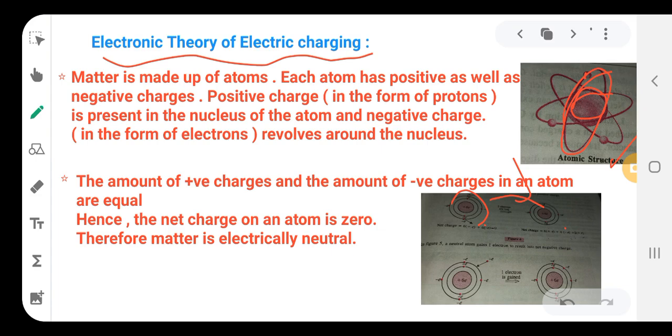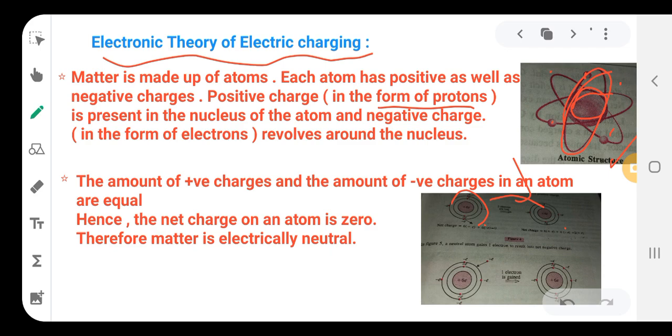Now, matter is made up of atoms. Each atom has positive as well as negative charges. Positive charges are the protons, which are inside the nucleus, and electrons revolve around the nucleus. Electrons are negatively charged, protons are positively charged, and they are equal in number in any atom.